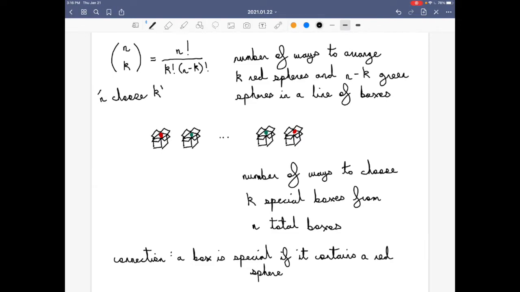Anyways, the first thing I want to talk about today is to follow up on something I didn't quite have time to finish at the end of the last lecture, which is this thing about binomial coefficients. So if we try and recall the logical thread of what we were doing before, we had this principle of successive experiment, which said that if you have one experiment with n outcomes and another experiment with m outcomes, then the total number of outcomes for the two experiments is n times m.